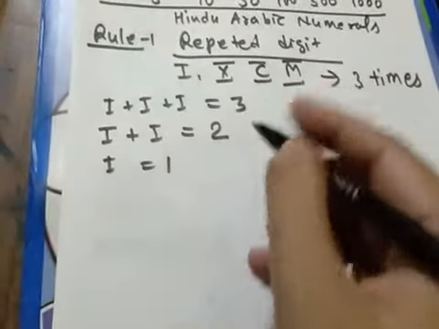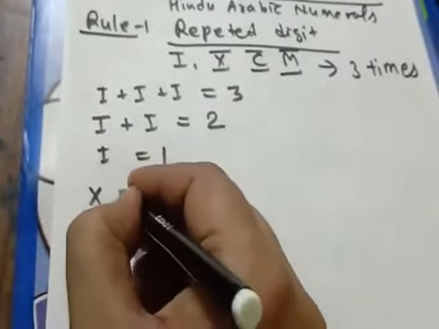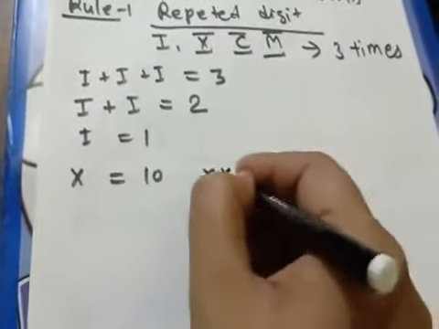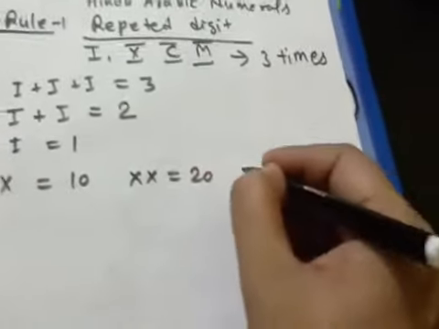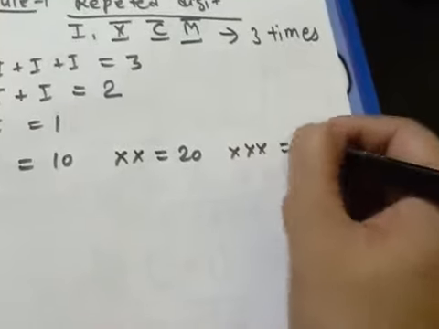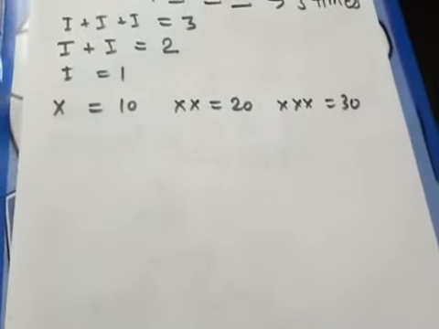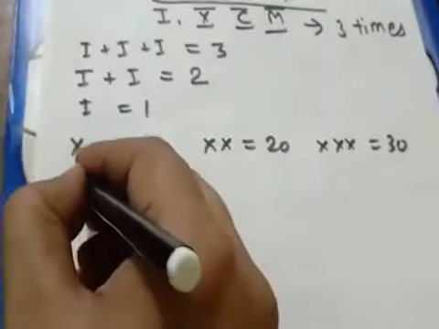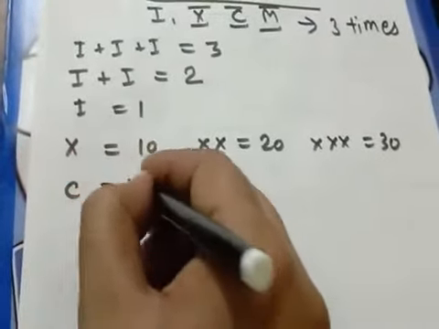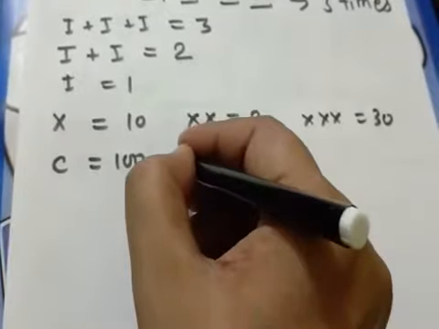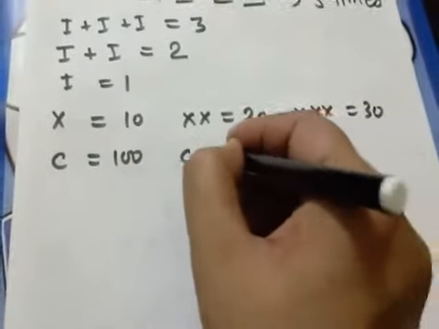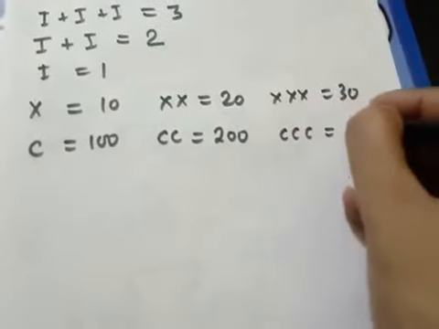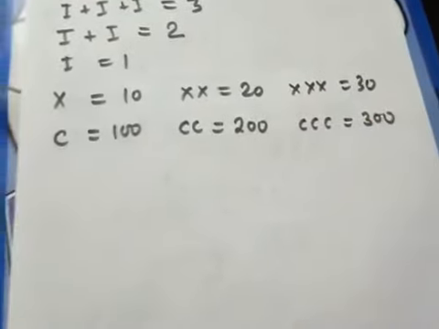Taking another symbol, the value of X is 10. Two times is 20, three times is 30. Now C means 100, CC means 200, CCC means 300.